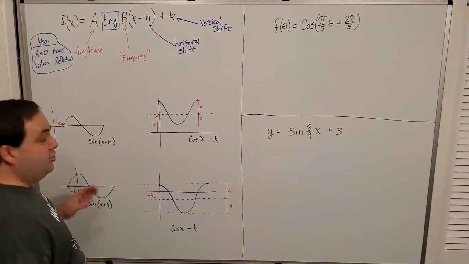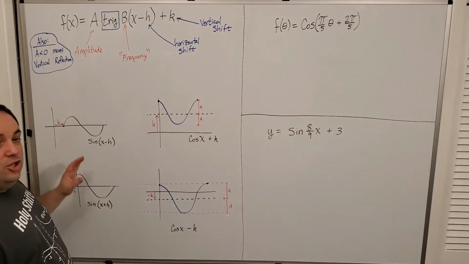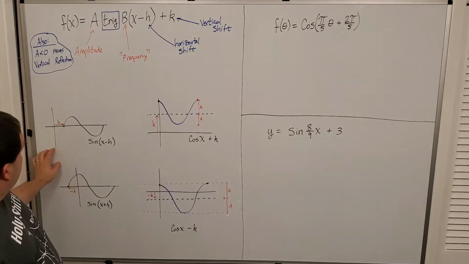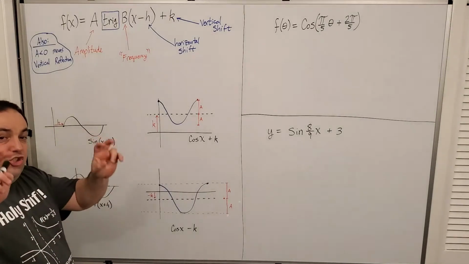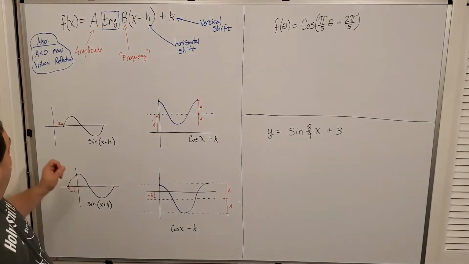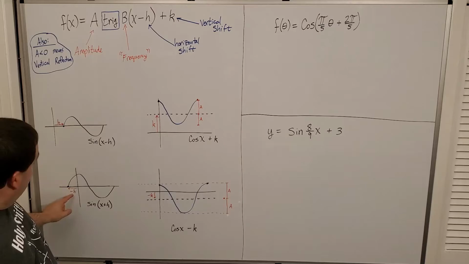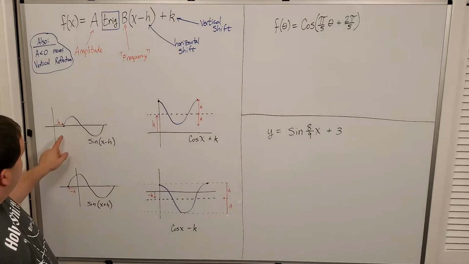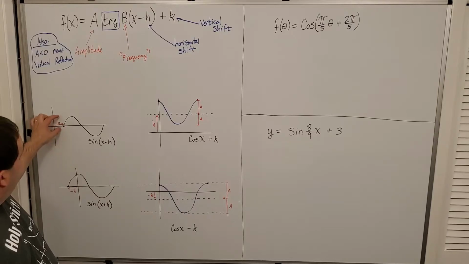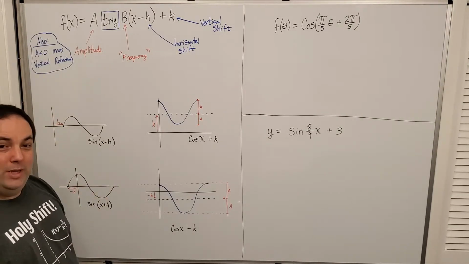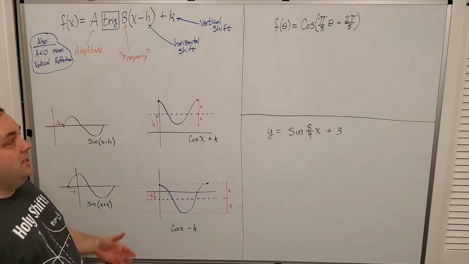So, this is what a shift in each venue does. We're always going to have 0 as our starting point, right? If I shift to the right or the left, all I'm doing is moving my x value starting point from 0 to whatever that h value is, because I'm adding it to 0.